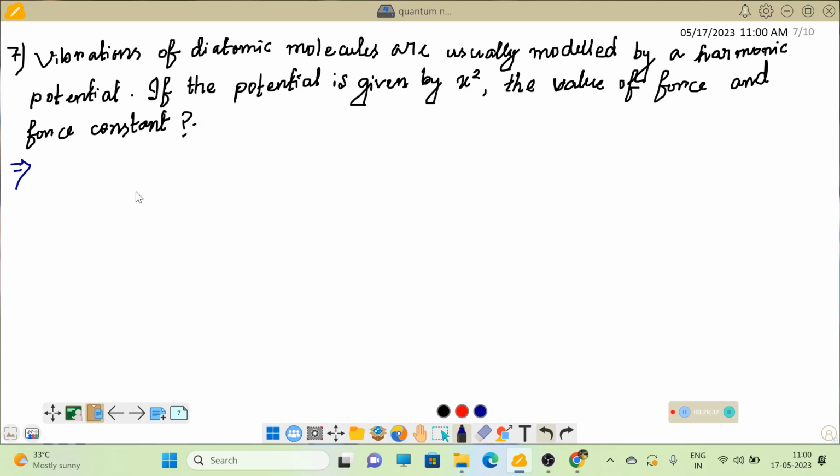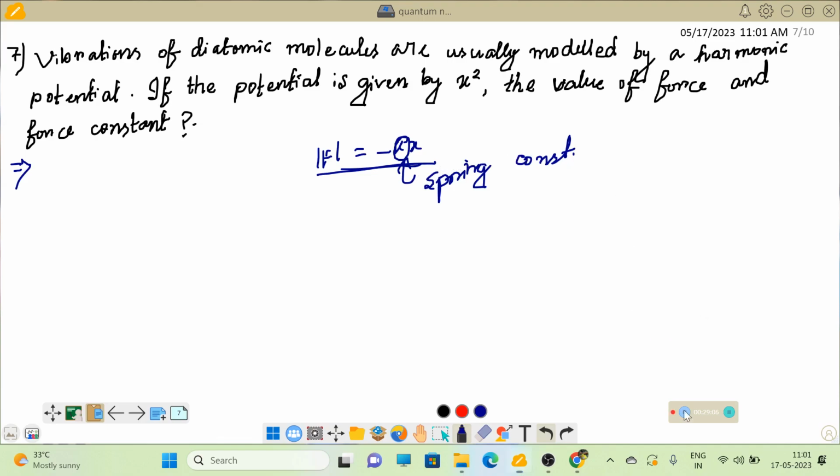If the potential is given by x square, what is the value of the force constant? I think you know about the force constant, you have heard about it. F equal to minus kx. You heard this is the spring constant. That is also applicable here.